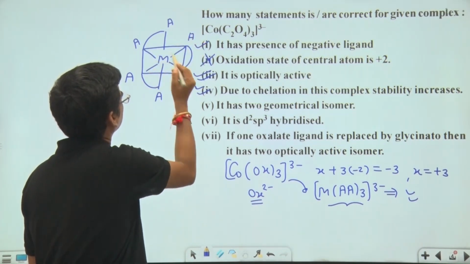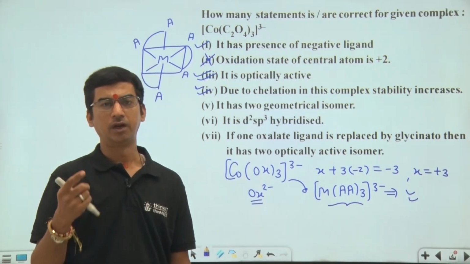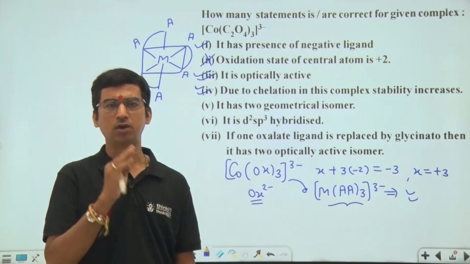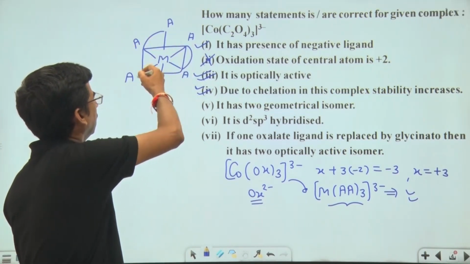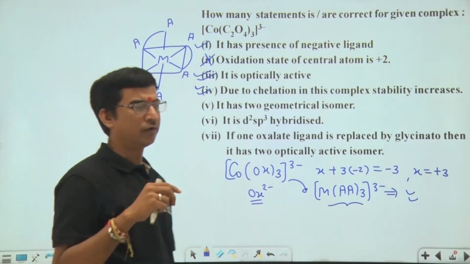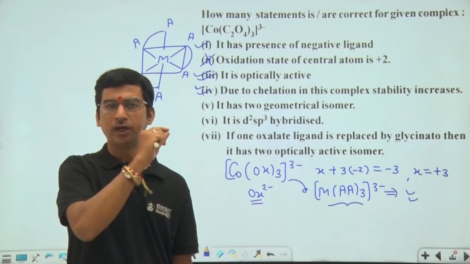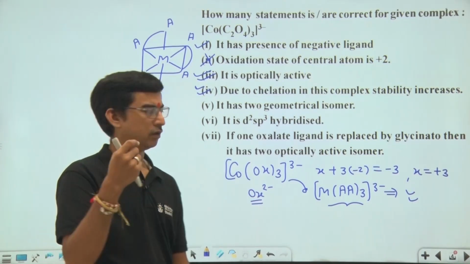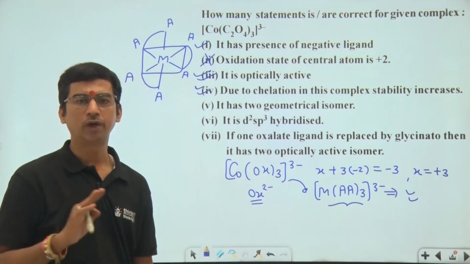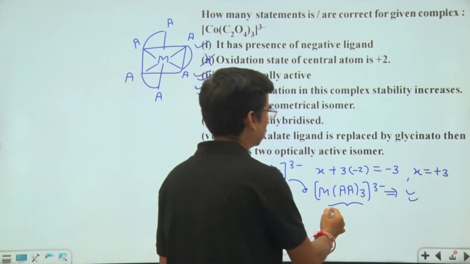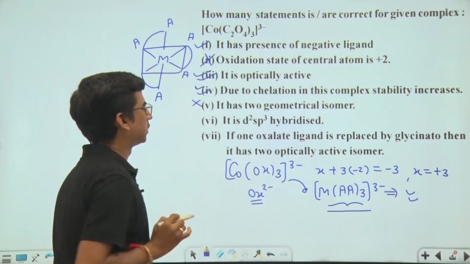If we change the position of the AA ligand, then relative change in position of ligand is not possible. Every time we will find A, means at every position at 90 degree or at 180 degree we will find A after A. So the [M(AA)3]^3- complex will not show any type of geometrical isomerism. So option number 5 is incorrect.